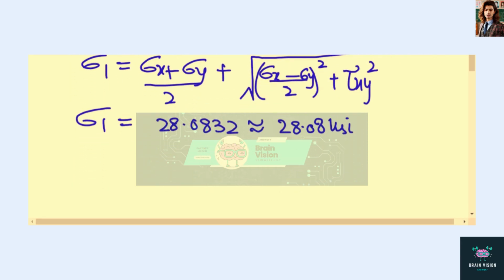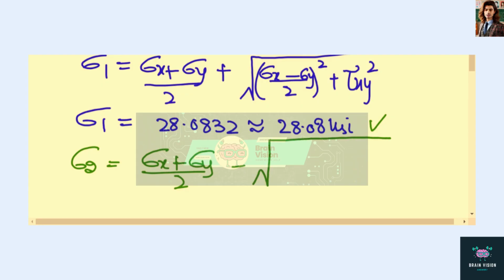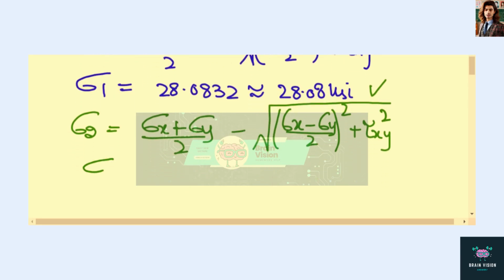Now that you have the value for the first principal stress, let's find the value of the second principal stress. That would be sigma sub x plus sigma sub y divided by 2, minus the square root of (sigma sub x minus sigma sub y divided by 2) whole squared plus tau sub xy whole squared.